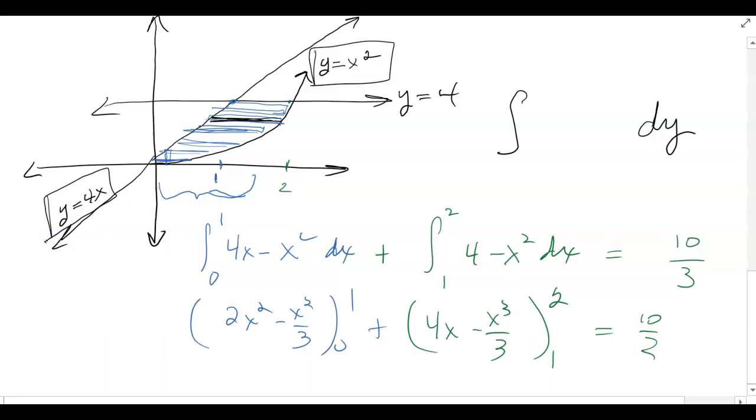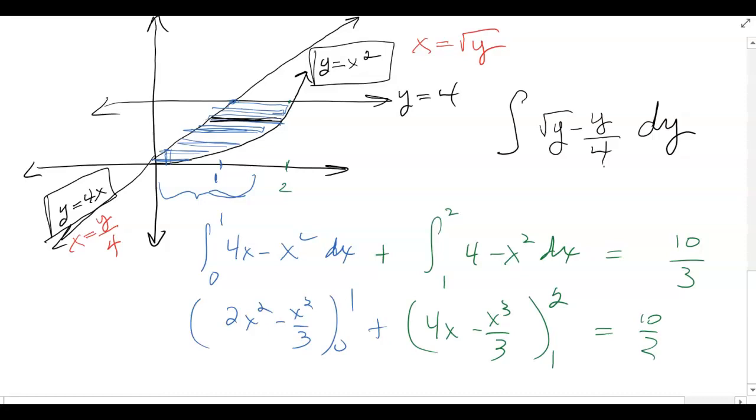The problem is, because we're integrating with respect to y, our equations need to have y's in them. So y equals x squared needs to be solved for x. That's the same as x equals square root of y. And y equals 4x is x equals y divided by 4. So now I have square root of y minus y divided by 4.